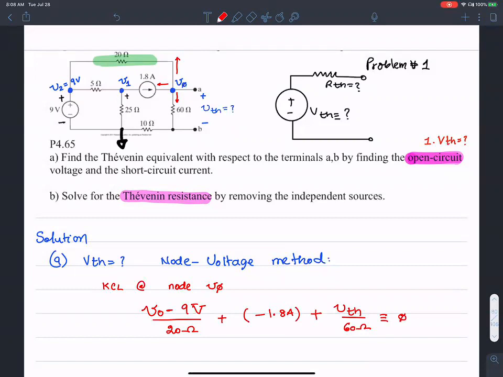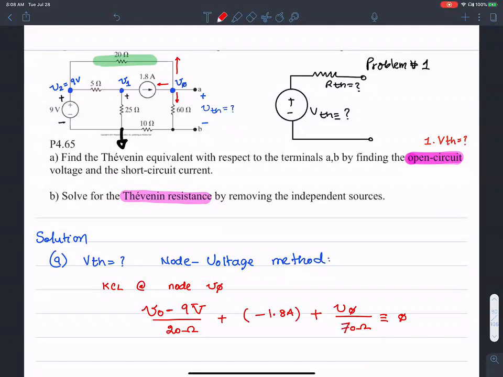Negative 1.8 is the current going west. The current going south is V0 by 70 ohms. It does not matter, you can even do this, V0 by 70 ohms.